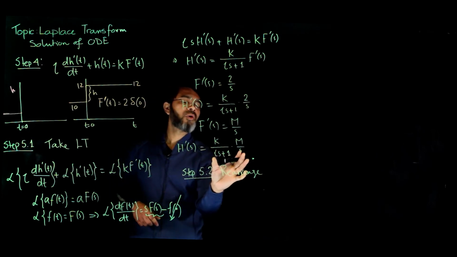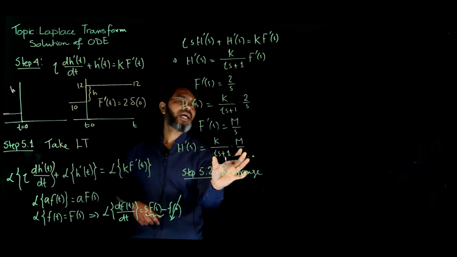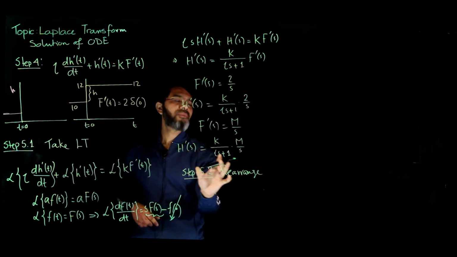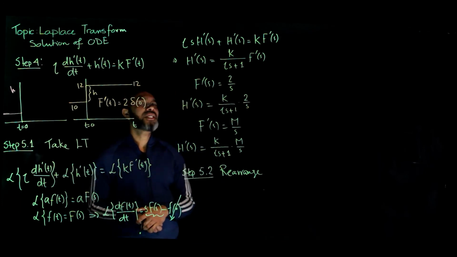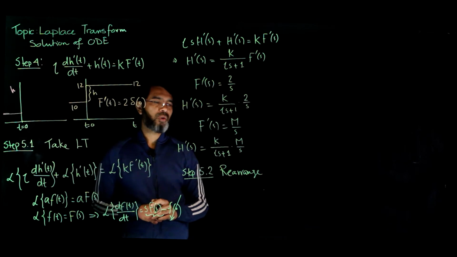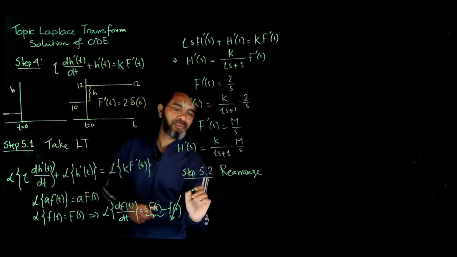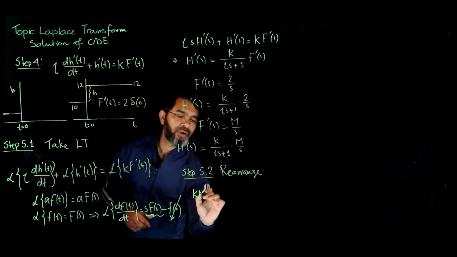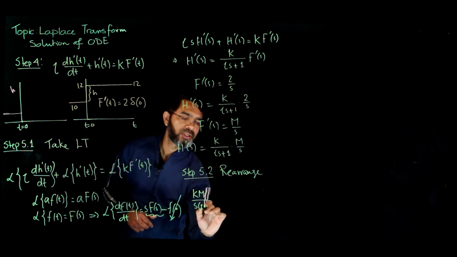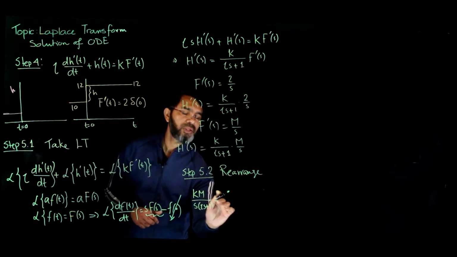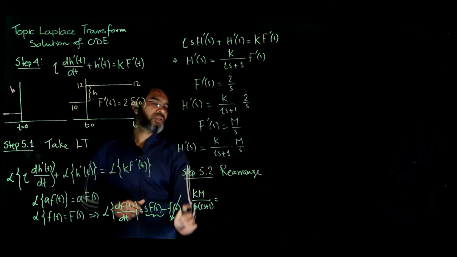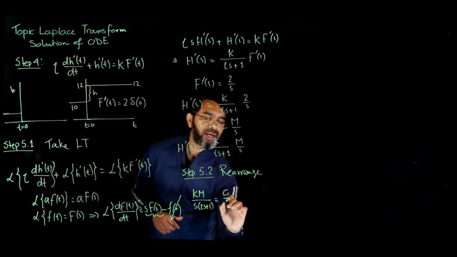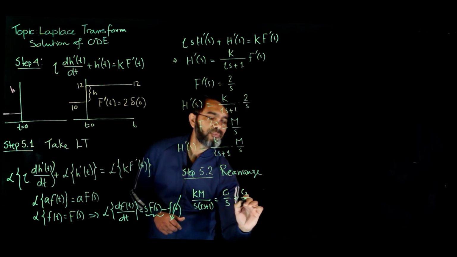If we do not know the inverse Laplace of this entire term, we use the so-called partial fraction expansion to express it in terms of functions that we know. Suppose I write the right hand side as km over (tau s plus 1) times s. If I don't know the inverse Laplace of this, I'll use partial fractions to express it as c1 over s plus c2 over (tau s plus 1).